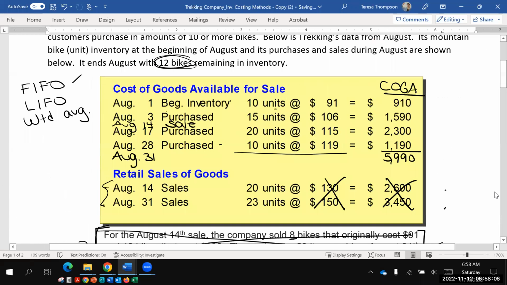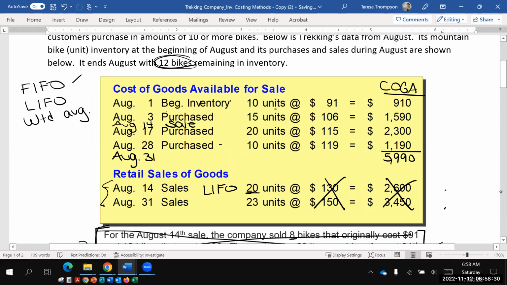All right, so what's our last purchase for the August 14th sale? Okay, and I'm pausing here because I want you to think about it. So for that August 14th sale, under LIFO, what was your last purchase? And the reason I want you to think about it is here's what students always do.